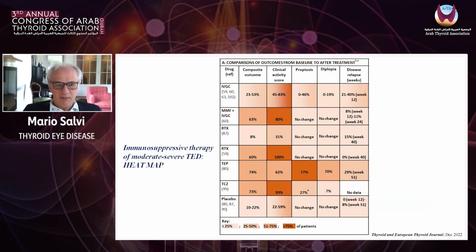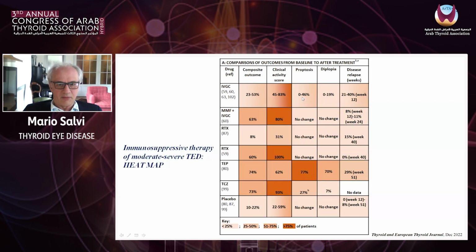This is a heat map that summarizes the treatment of thyroid eye disease in moderate severe disease. As you see, the darker, the more effective. And as you see here, steroids are very important in decreasing the clinical activity score, that is inactivating disease, when we consider that a disease outcome.